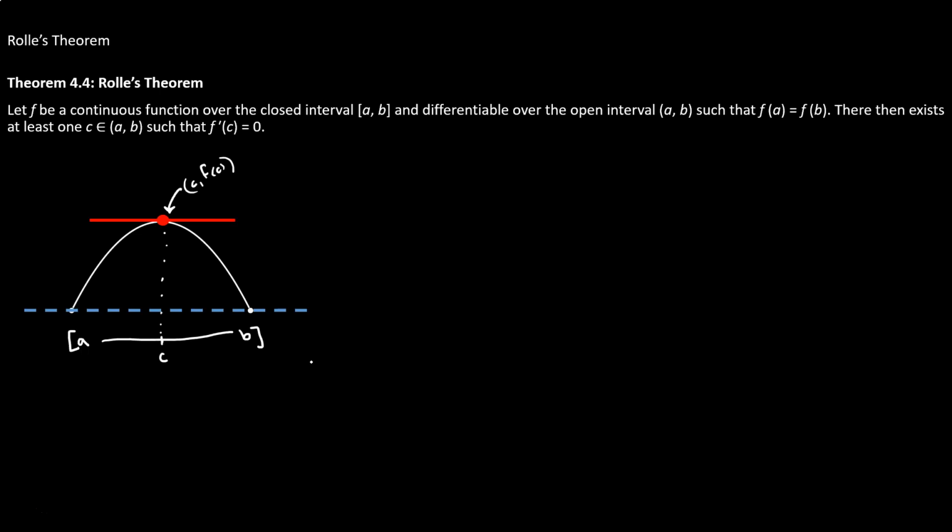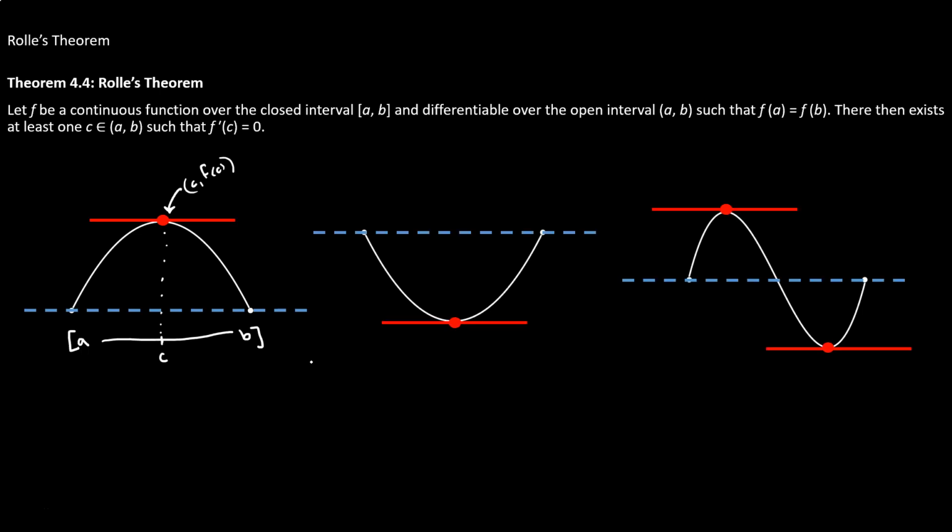Now this is true for the picture that I've drawn. We could flip this picture on its head, or we can actually add more squiggles. So in each one of these cases, we are defining our function on some closed interval a to b, and we're able to find a c value within that interval that gives us a derivative equal to 0.